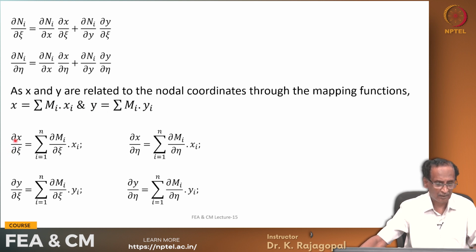So we can write dou x by dou xi as dou M by dou xi and so on. Here we know the left hand side, and we know dou x by dou xi, dou x by dou eta, dou y by dou xi, dou y by dou eta.